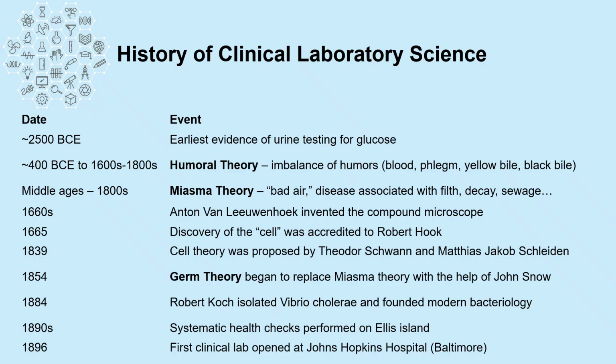Now, in 1854, it's still largely believed that miasma is the cause of disease, but there's a physician in Soho, London, where there's an outbreak going on, and he noticed that all of the people coming down with this sickness are getting their water from the same source.